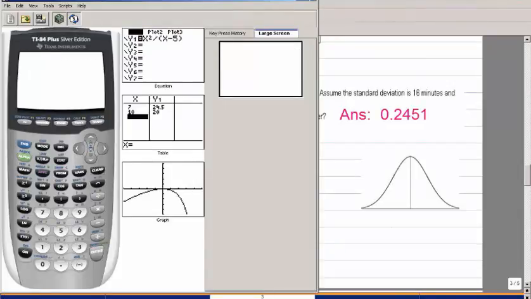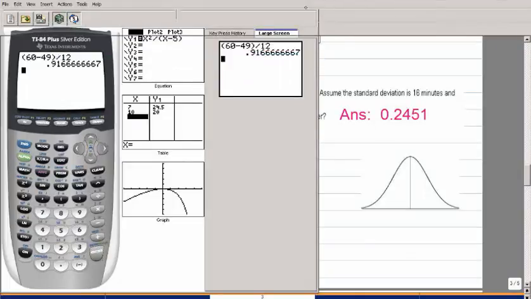I'm going to not do the numerator in my head like I did for that other example I just cleared, but I want to show you something. 60 minus, you have to use parentheses here if you're going to do this in one step. Because if you don't, the calculator's going to interpret that as 60 minus only 49 over 12. But all in one step, we're going to round that to 2 decimal places, and we're going to call that 0.92.